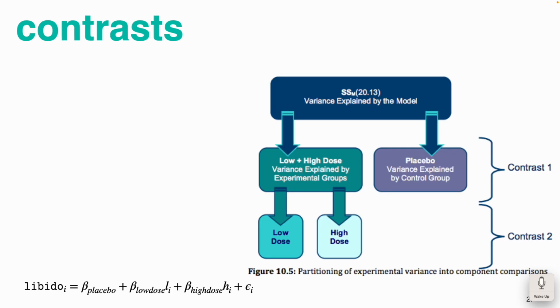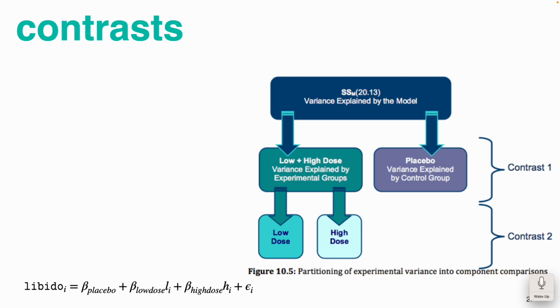A contrast, on the other hand, might look at, is there a difference between some dose and a placebo, right? So any sort of experimental group versus the placebo. And then the second might be low dose versus high dose. So we may want to ask those questions, right? Does adding the drug of any sort increase the effects over the placebo? And does having a low dose change compared to a high dose?